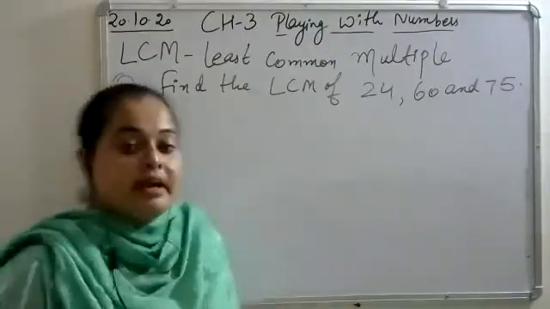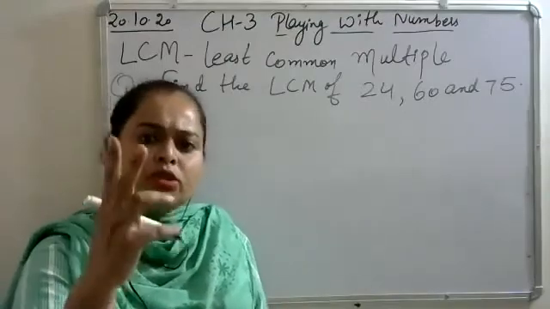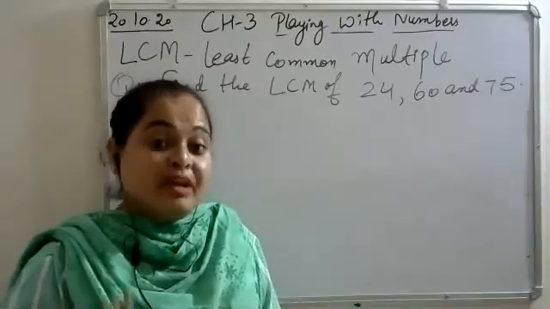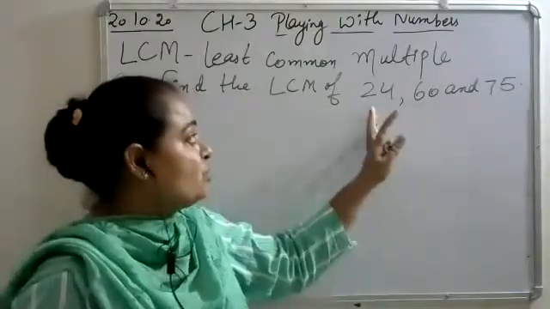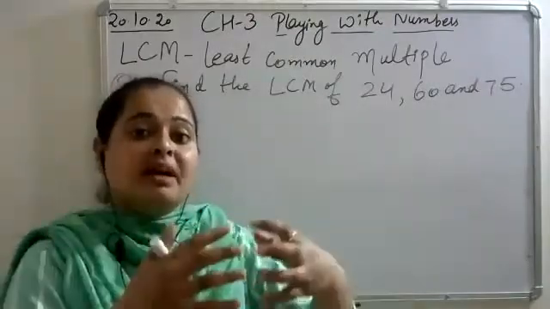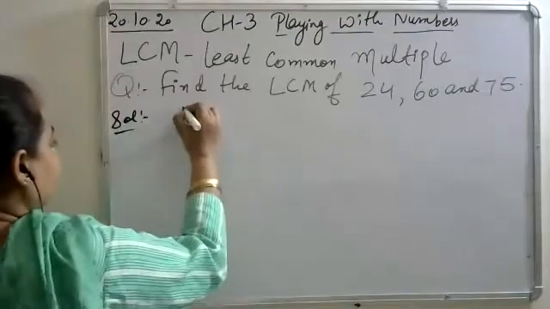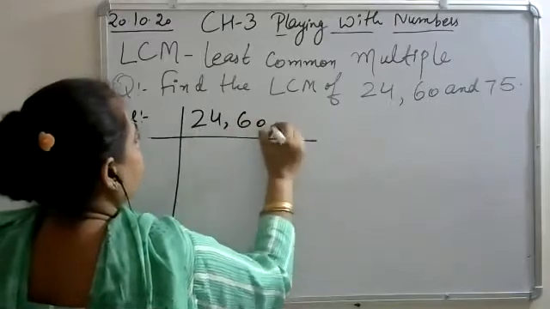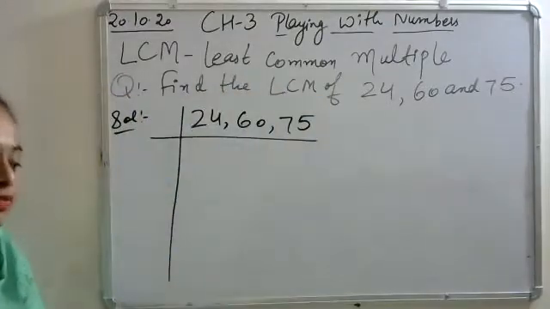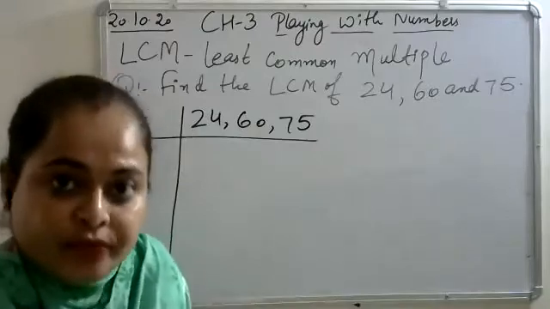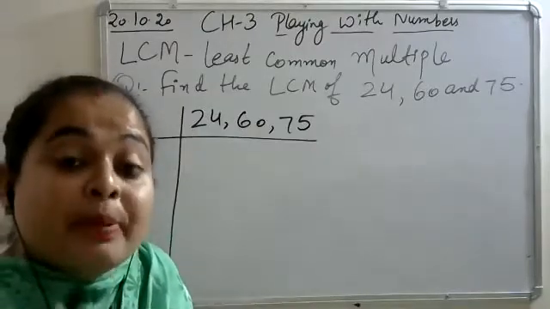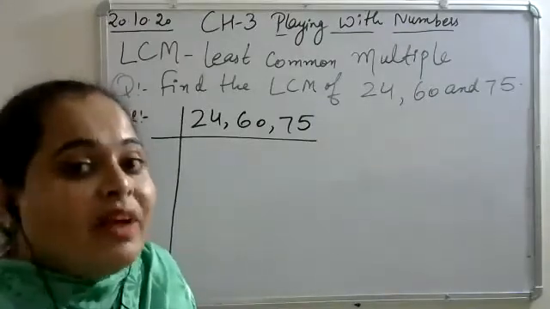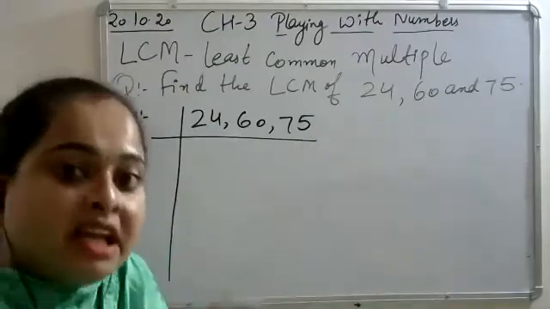To find LCM, we have 2-3 methods, different methods. But we prefer the method in which you will take all the 3 numbers together. Like this. Whenever we find the HCF, we use the prime factorization method in which you find the prime factors of all the numbers separately.